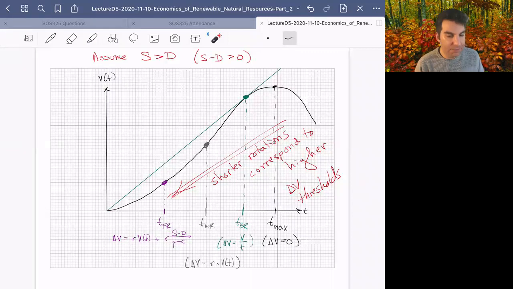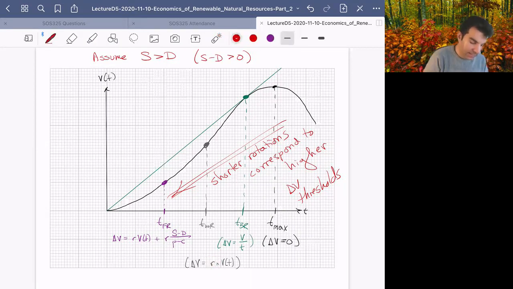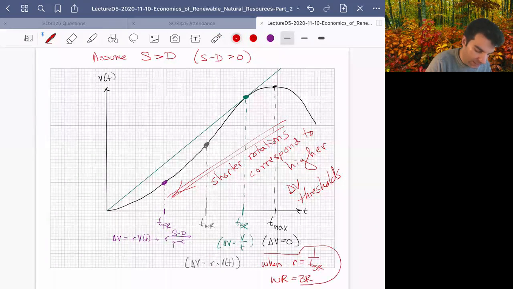An example where the Wicksell rotation is longer than the biological rotation would be if you have an extremely low interest rate. When R is equal to 1 over TBR, then the Wicksell and biological rotations are equal.